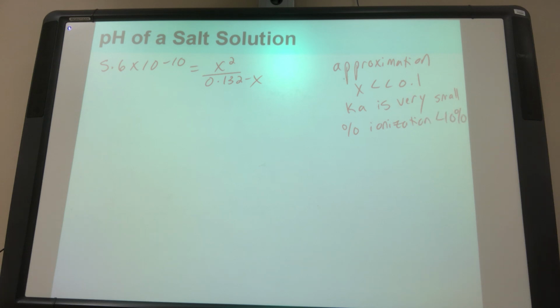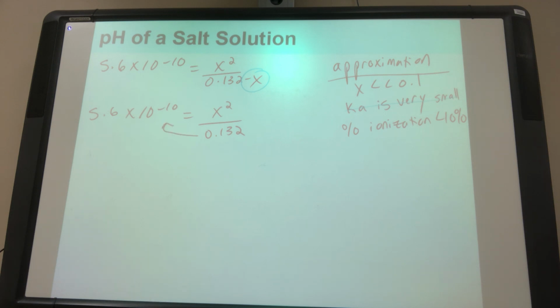Those were my rules for my approximation. So this is really small, 10 to the negative 10. So we're like, yep, that's good. Okay, so we're going to go ahead and assume that we can approximate. So we're going to take that out. So 5.6 times 10 to the negative 10 is equal to X squared divided by 0.132.